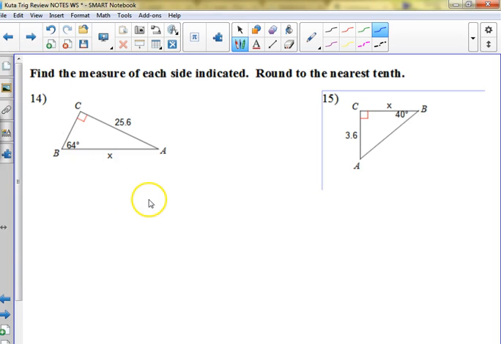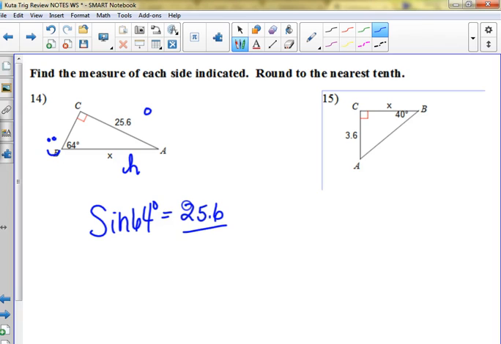I'm going to go kind of fast from here on out because I'm hoping you remember this and I want to get to the applications of this stuff, okay? But these are asking you to find a missing side. From the acute angle at B, this would be opposite. This would be hypotenuse. So I would use which function? Sine of 64 equals opposite over hypotenuse.